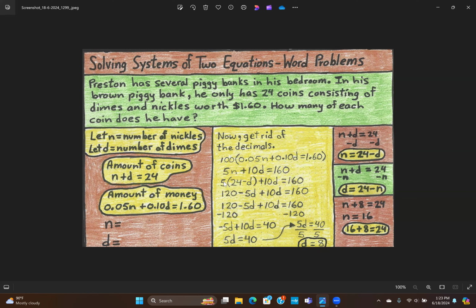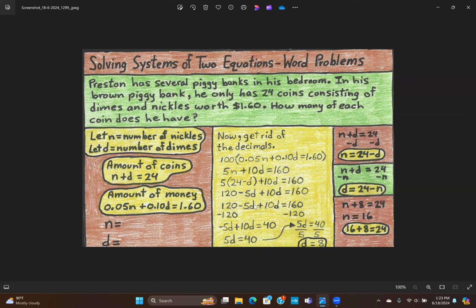And so when we do that, we're going to distribute this 5 into the parentheses because 5 times 24 is 120, and 5 times a negative d is going to give us minus 5d, plus 10d is going to equal 160. So now we have 120 minus 5d plus 10d equals 160.